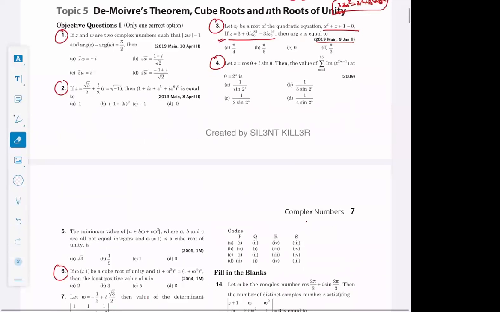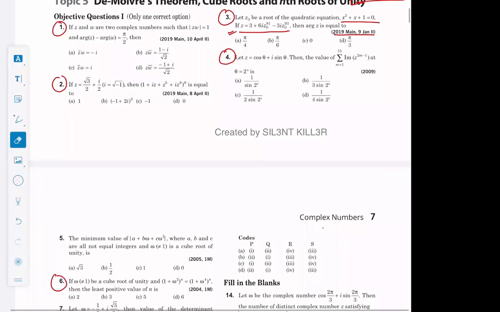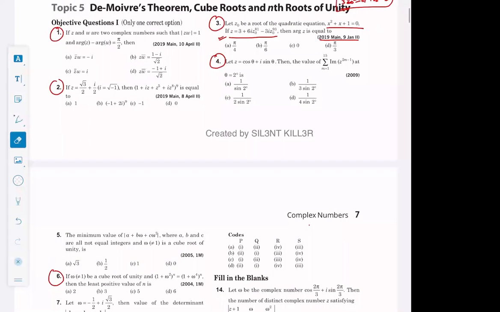So these are the problems you have to try after this break. You have a 15-minute break. After that, I will discuss all these 5 problems. Your break is up to 4:25. After that, you have to try these 5 problems.